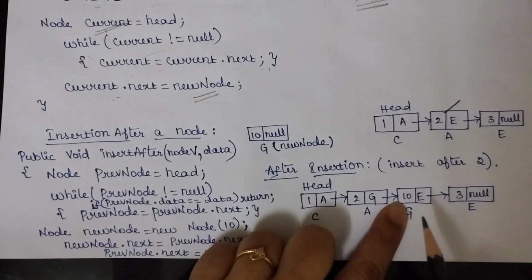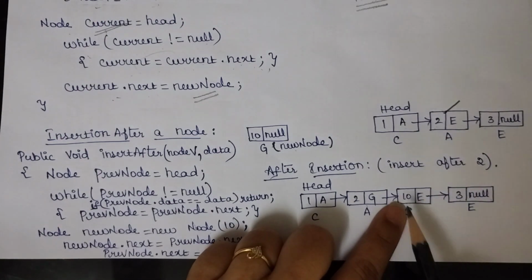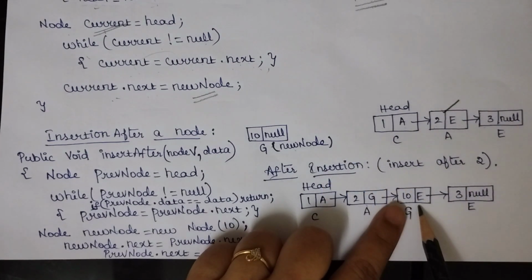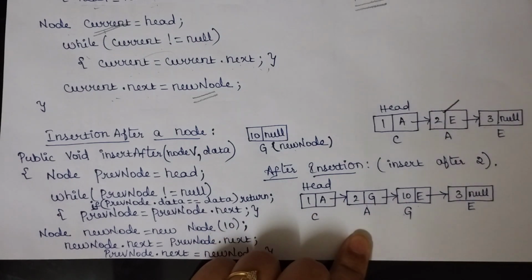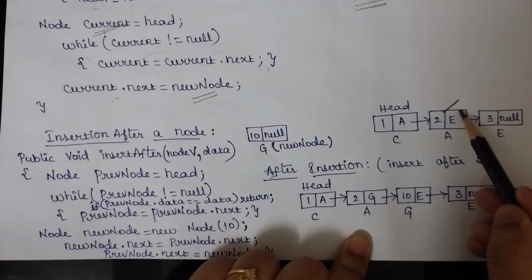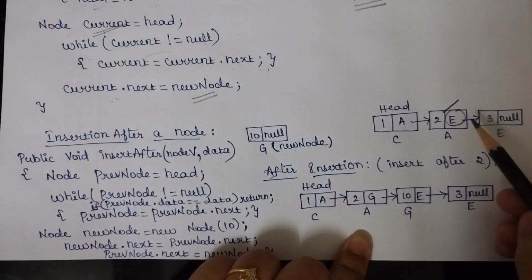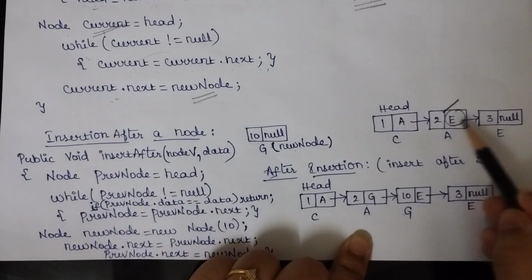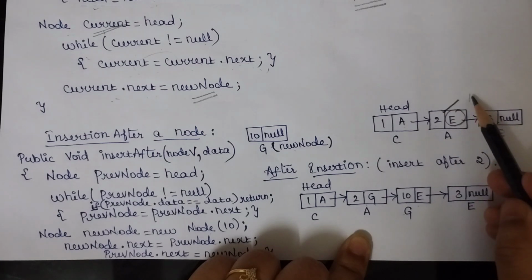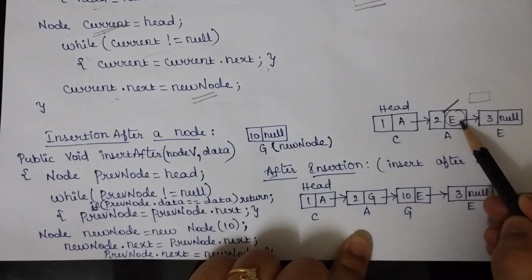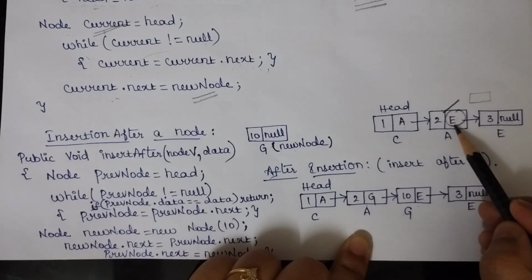What are all the changes we need to do when you want to insert a node in between? Two changes you need to do. One is changing the next pointer of this node. Currently this node is pointing to this node, but when you are trying to insert a node in between, you need to change this pointer. This pointer value should be changed first.